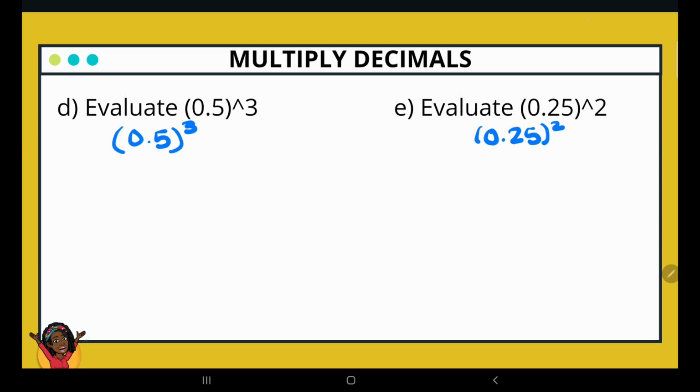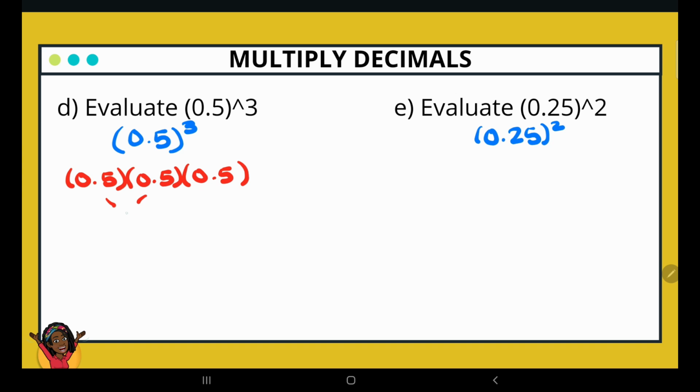Now let's go ahead and actually evaluate these examples. Whenever I have a number being cubed, it's telling me I need to multiply that base by itself 3 times. So I can express that as 0.5 times 0.5 times 0.5. Now we have 3 numbers to be multiplied. So we're going to multiply the first 2, get that product, and then multiply that product by the third number.